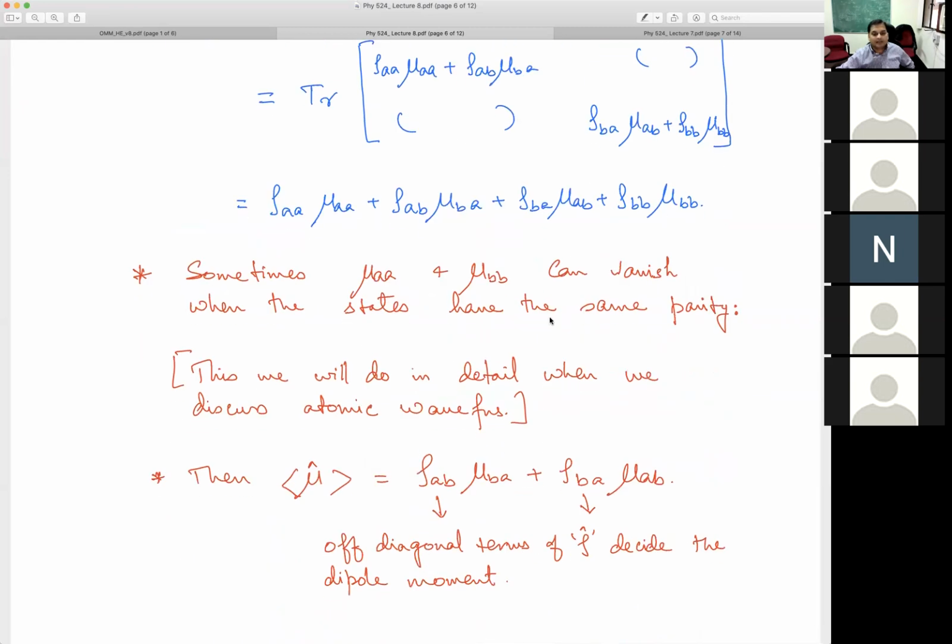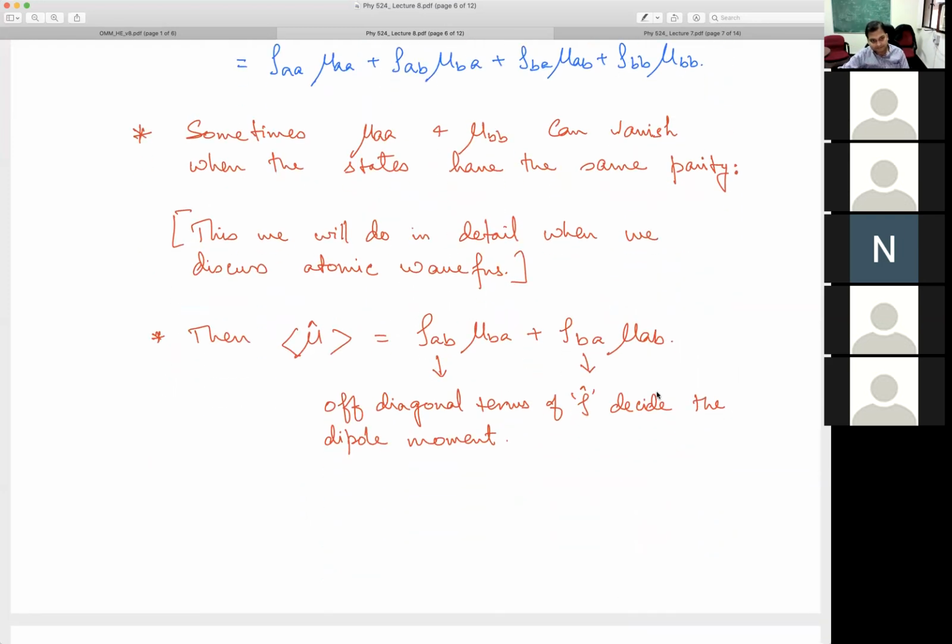This is when the states have some specific parity. We will do this explicitly when we discuss atomic wave functions, after we finish this density matrix part.